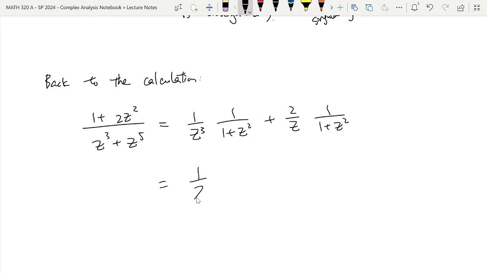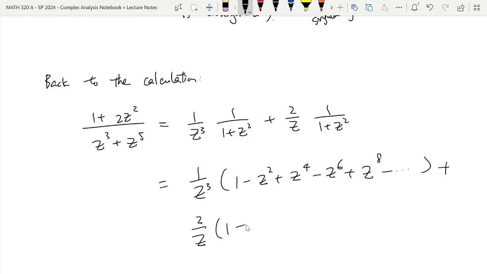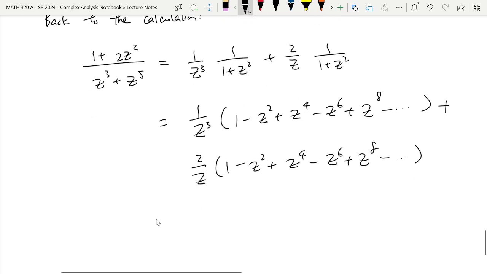If I write it in the full form, I think what we had was 1 minus z squared plus z to the power 4 minus z to the power 6, and so on. Let's write more terms. Plus 2 over z times 1 minus z squared plus z to the power 4 minus z to the power 6 plus z to the power 8. So we're allowed to do this shifting.